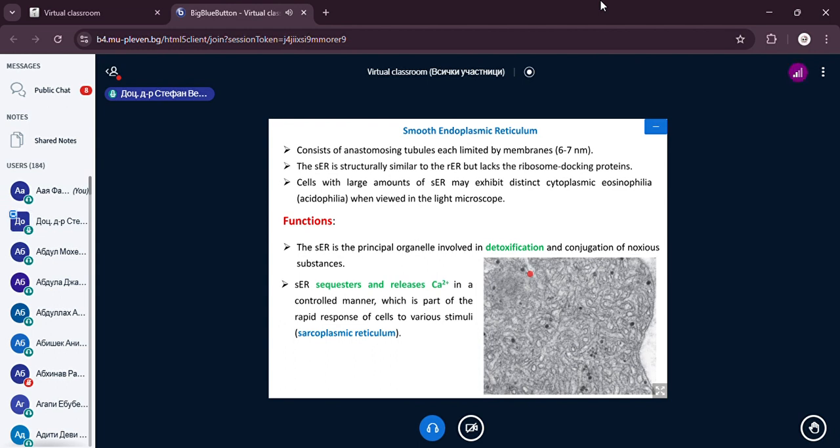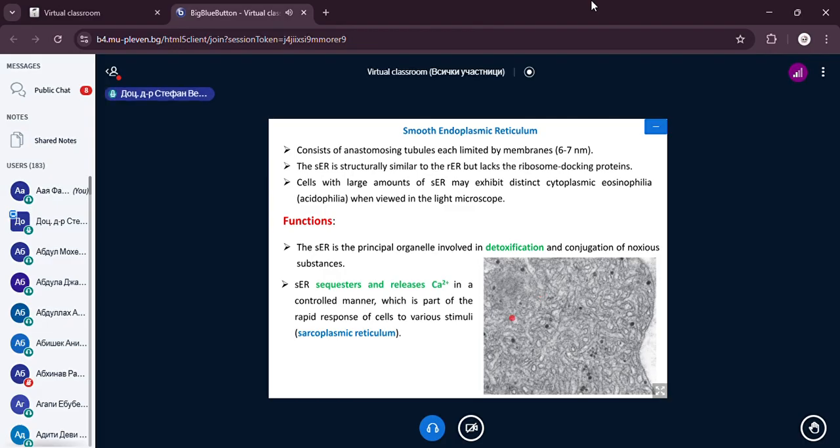Areas of the cytoplasm which have a large number of cisterns of smooth endoplasmic reticulum are not bluish purplish in color, not basophilic, but eosinophilic, so reddish pink in color.